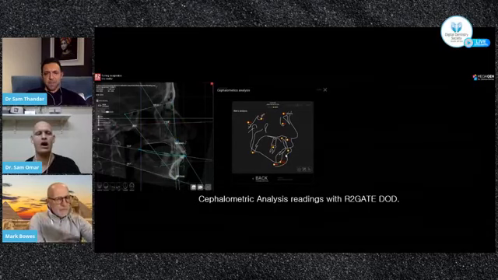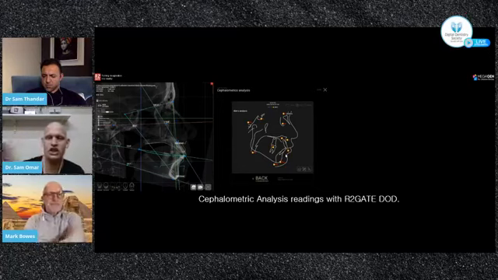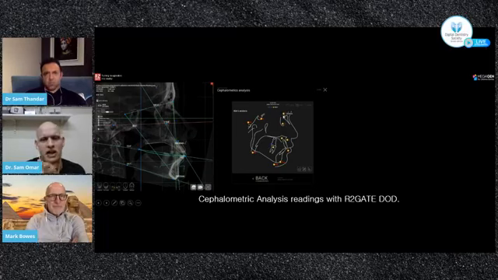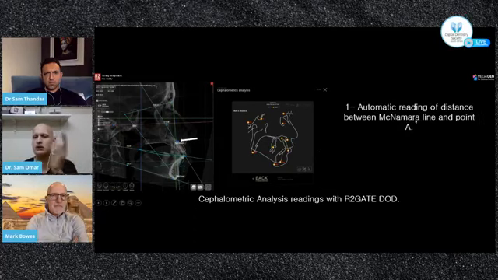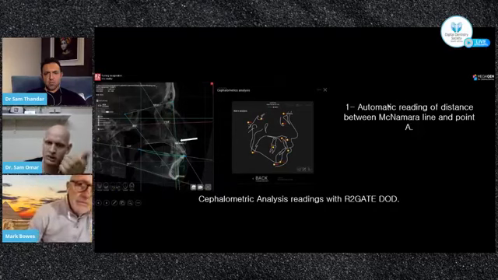Good. Awesome. So the good thing about R2 Gate is that it actually allows you to get all these readings automatically. You just place the points in the software, and the software lets you know exactly where to place them. It gives you an automatic reading of the distance between McNamara line and A point, so you know what the skeletal relationship in the maxilla is.